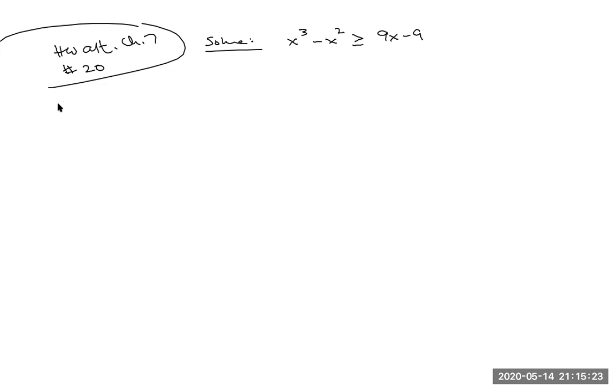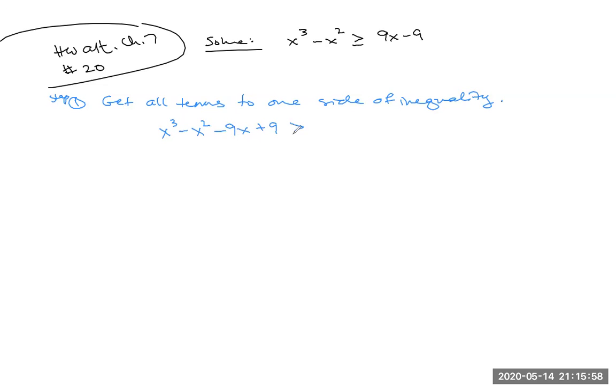All right, so first step. Get all terms to one side of the inequality. So you should have 0 on one side when you're done. I'm going to subtract 9x from both sides and add 9 to both sides. Okay.